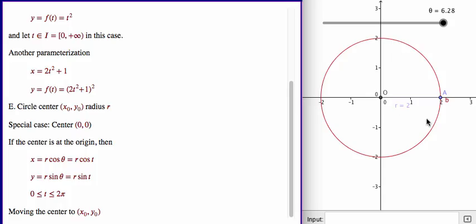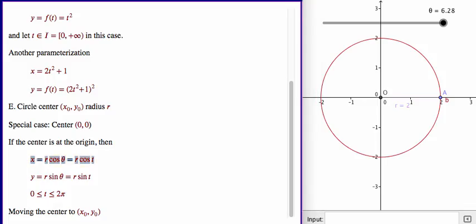The first step, moving it horizontally to x0, means I have to add x0 to the coordinates of everything in sight, because I'm adding x0 to the 0 that's at the origin, and that means I have to add x0 to every point on the circle, which really means I just have to add an x0 to this formula that's over here.